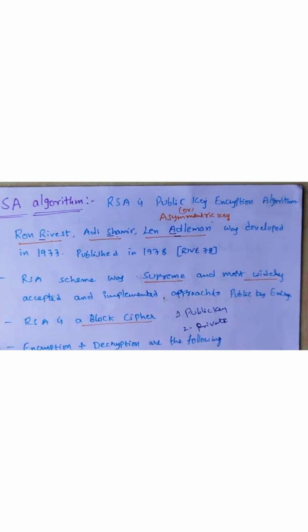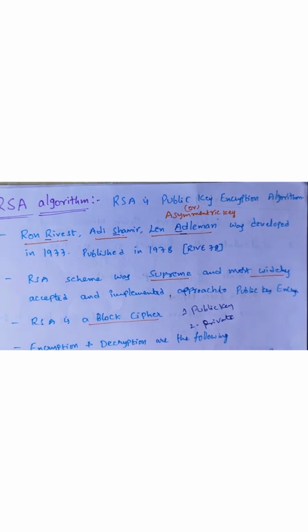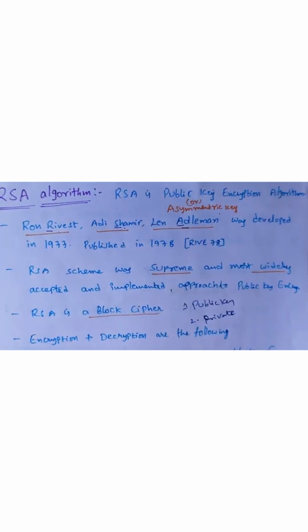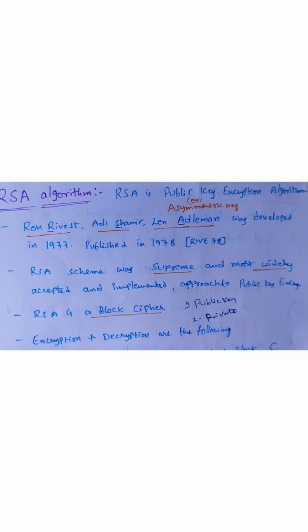What is asymmetric or public key? Here we use two keys for encryption and decryption. These types of algorithms are called public key cryptography or asymmetric key cryptography. It is a very important question in the semester exams. RSA algorithm, don't confuse here.